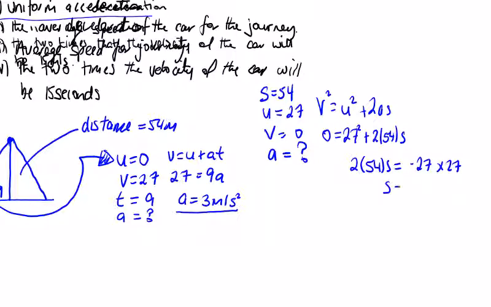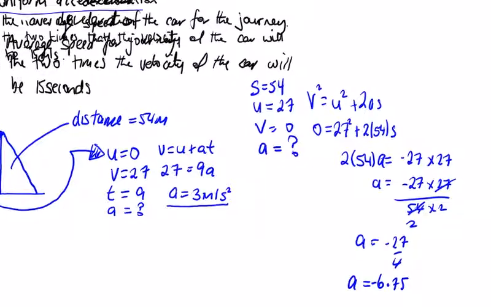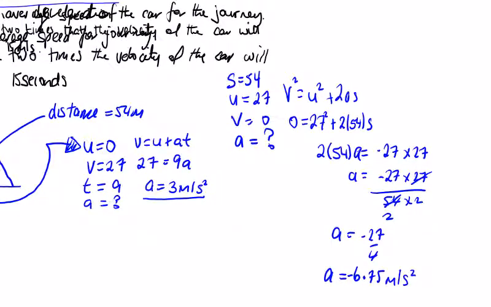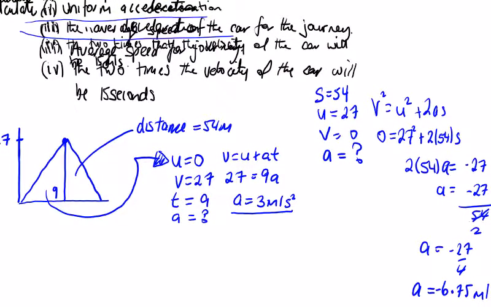So a is equal to minus 27 by 27 over 54 by 2. So that one divides into that one and leaves a 2, so we're going to get minus 27 over 4, which is equal to 6 3/4, 6.75. So that's not s, that's a. Minus 6.75 meters per second squared. So that's the deceleration.